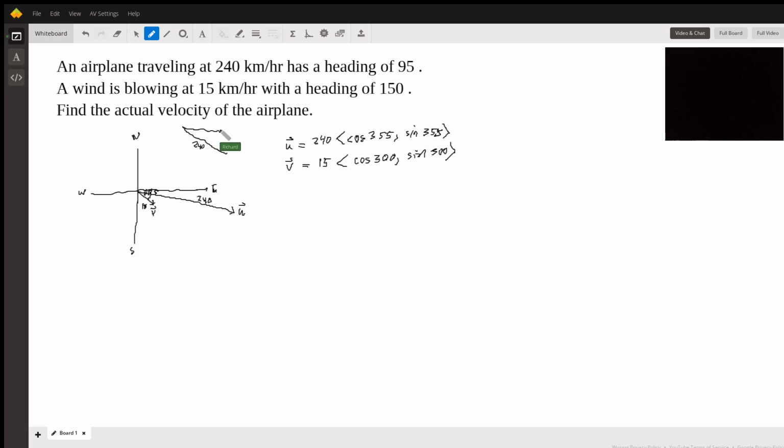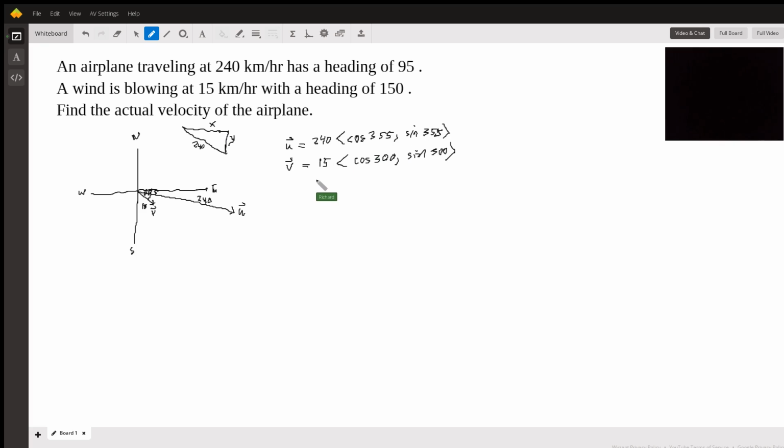And if you wanted the x and y distances here, you would just get them with SOHCAHTOA. X would be cosine of 355 times 240. I'm not going to get into this in depth, but if you're wondering where these numbers come from, that's where they come from.